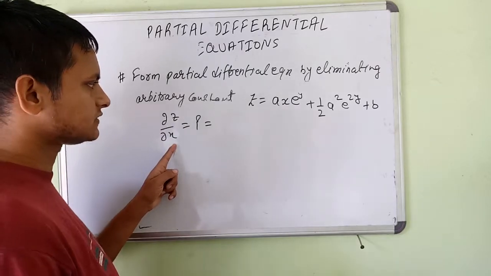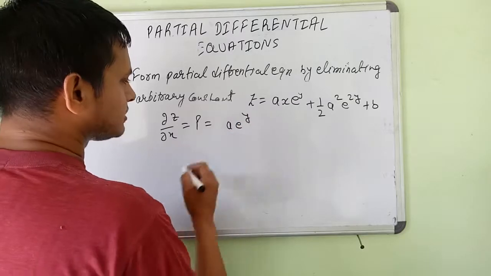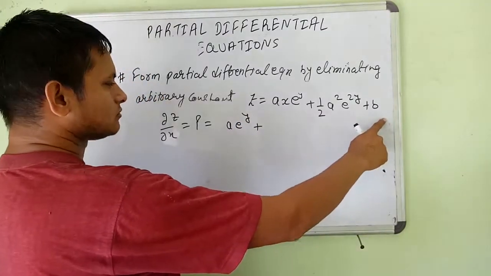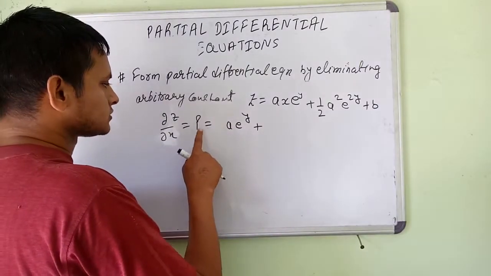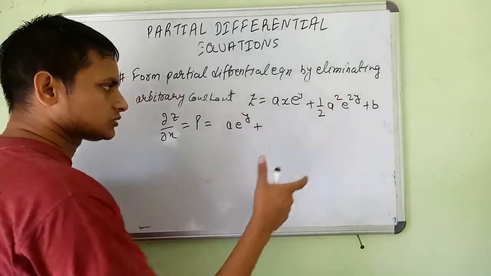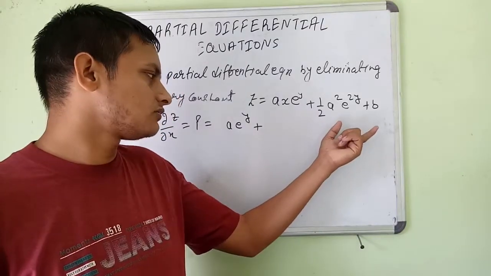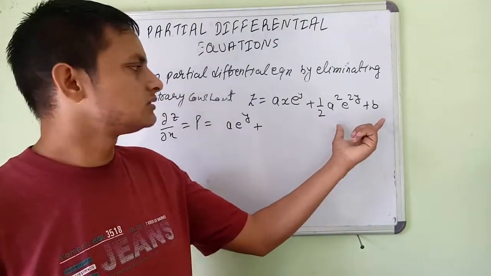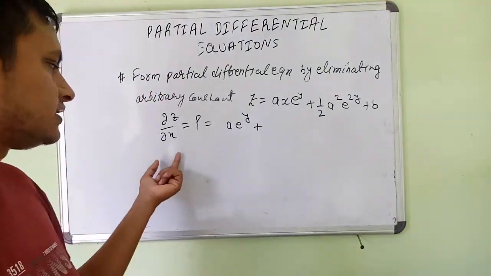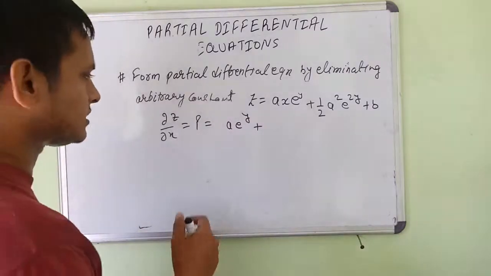We are differentiating with respect to x, so it is a e^y plus, now everything else is constant because we are differentiating with respect to x, and 1/2 is constant, because no term contains x. So our p is a e^y.